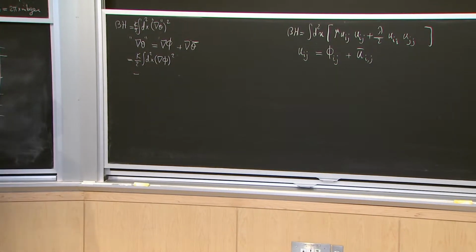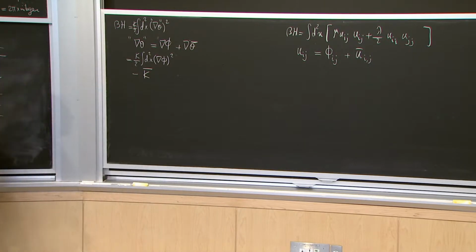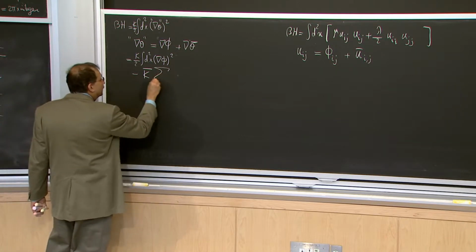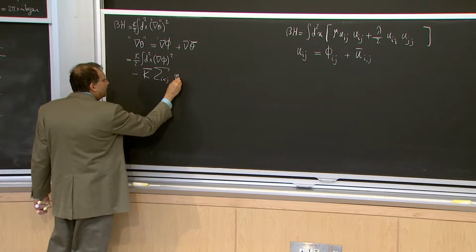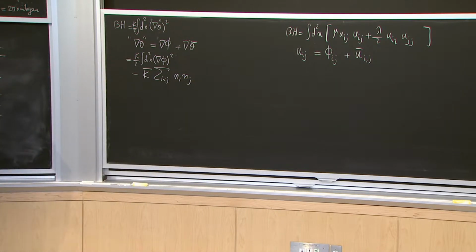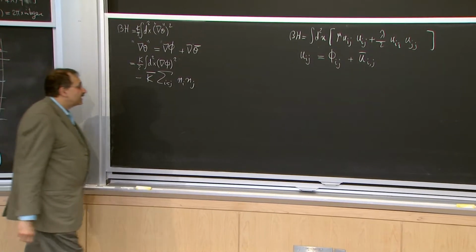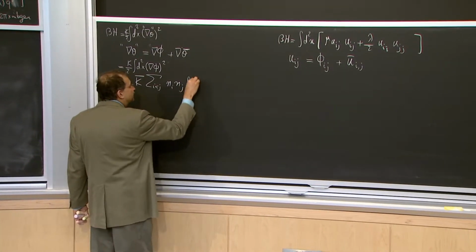And that part we saw had the character of charges ni and nj, plus or minus 1, characterizing these topological defects, having a Coulomb interaction between them.